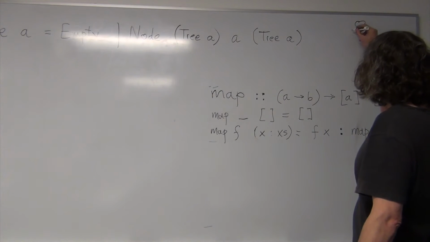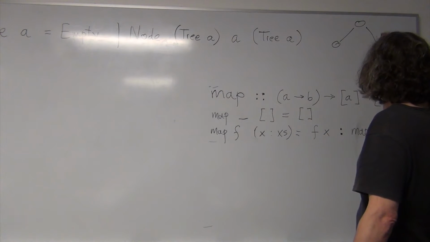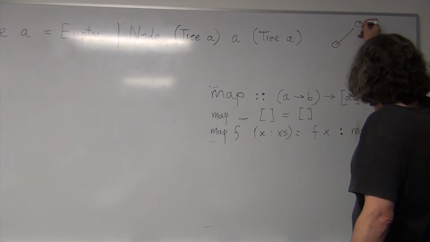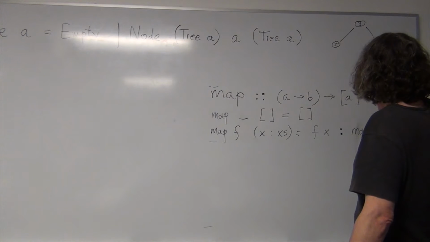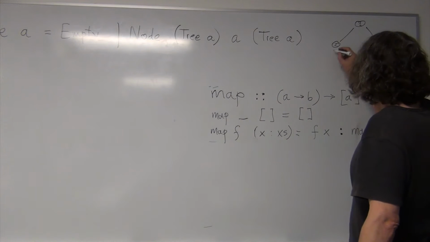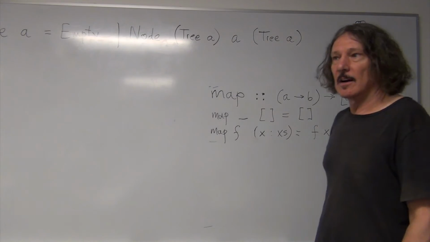So here's a node that has a left branch, a right branch, and some value 1, 2, 3. And this will have left and right branches, and these could be empty. Let's just call them Empty. Empty trees are just leaves.